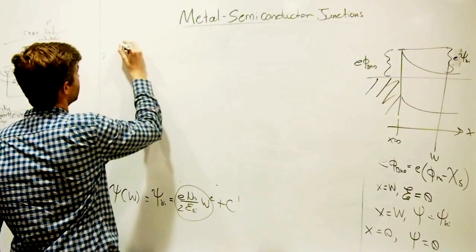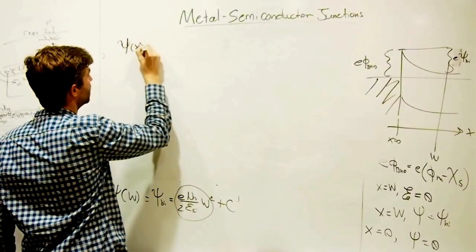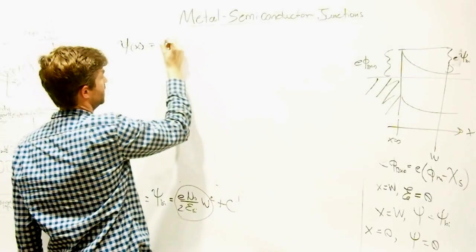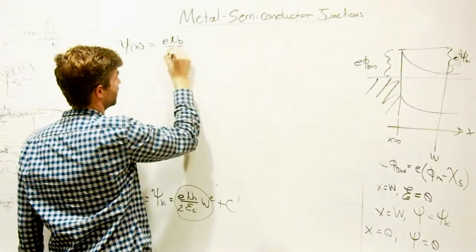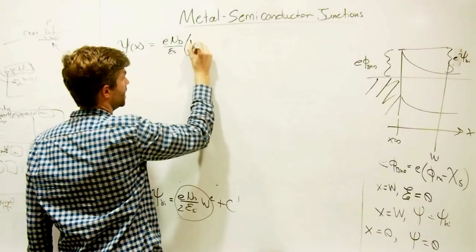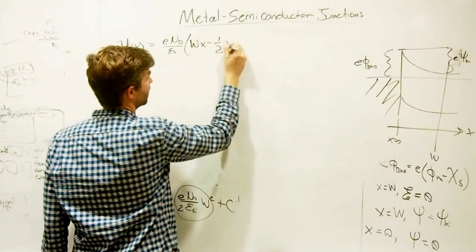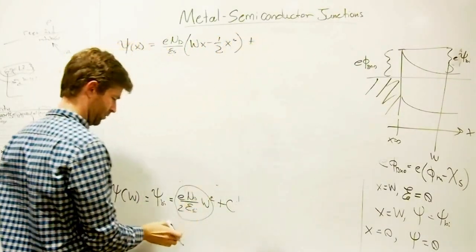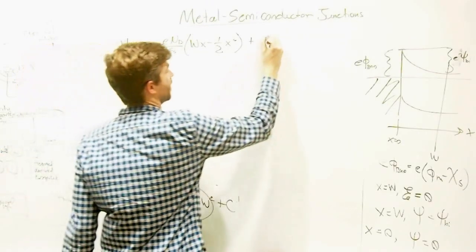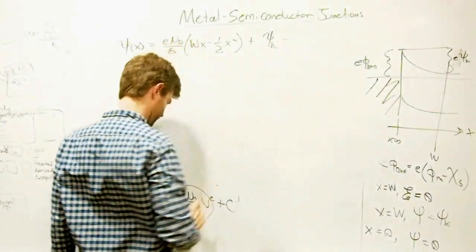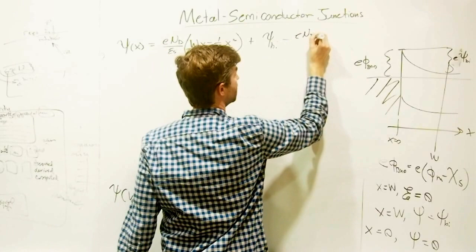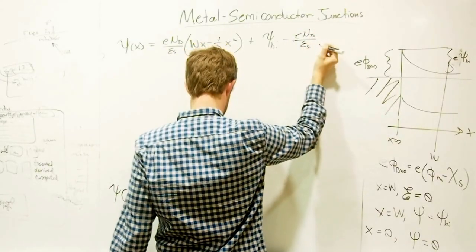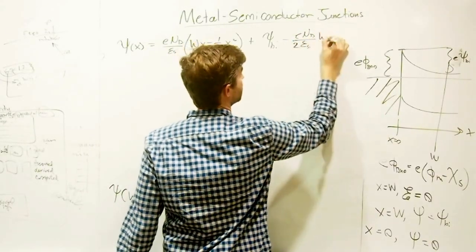We had psi of x equals e ND over epsilon silicon times (wx minus 1/2 x squared) plus c prime, which is psi bi minus e ND over epsilon silicon times 1/2 w squared.